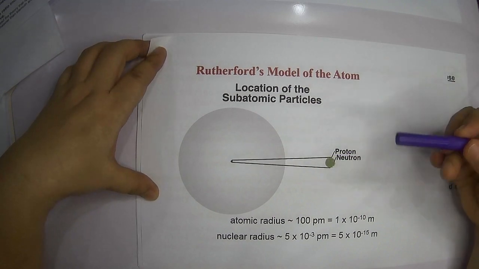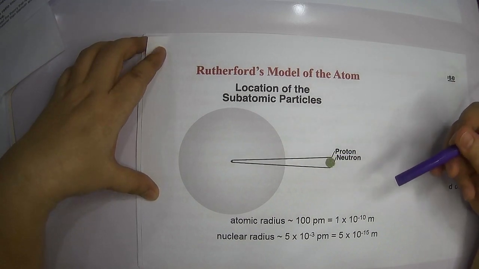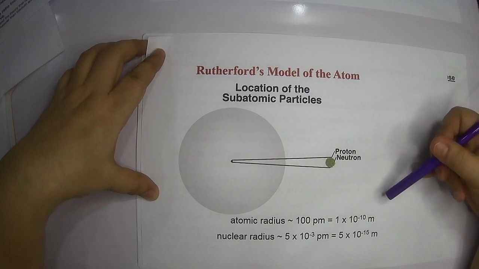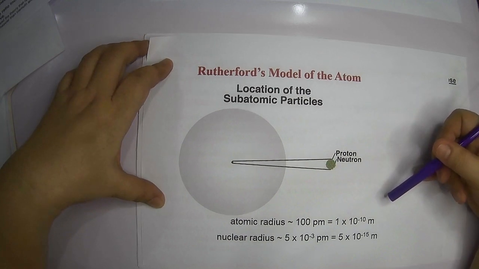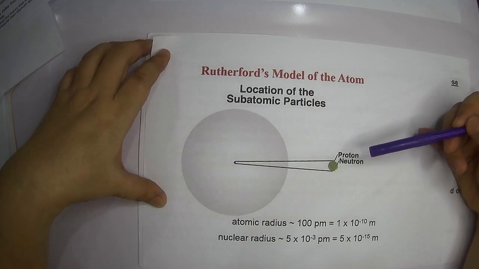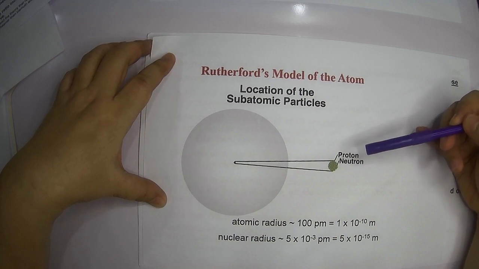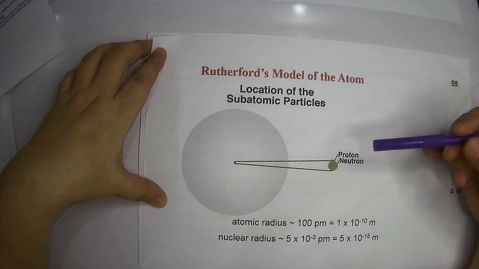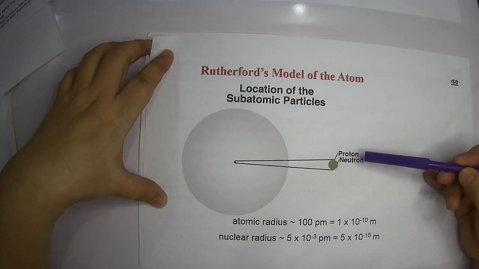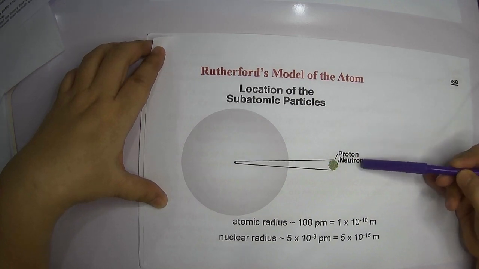Being close together and having the same charge, you expect protons to repel one another. However, this is counteracted by the presence of neutrons. Likewise, there are also short-range attractions between proton and proton, proton and neutron, and neutron and neutron.